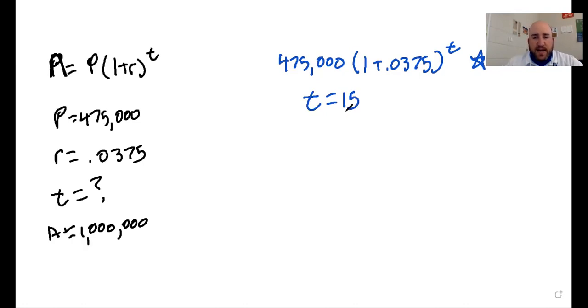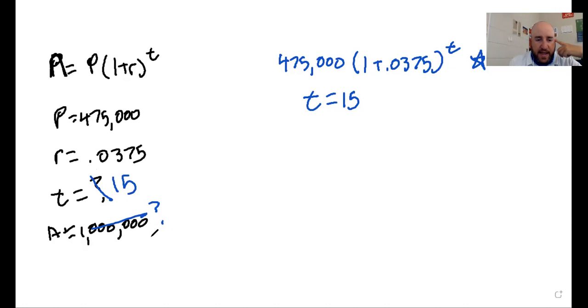So this is where it's going to be like problems 1 through 3, and even the ones on 5 through 9 that aren't like this. I now know what t is. So now I'm looking at this again, I know this is 15. What's A?